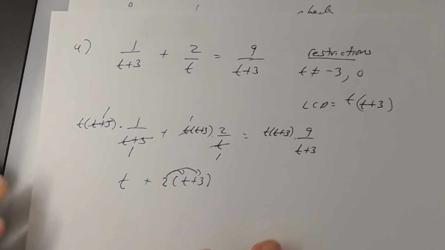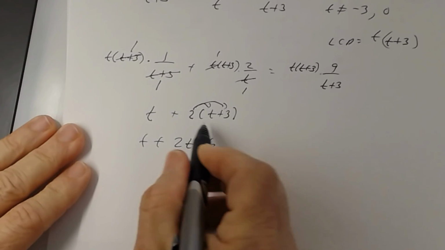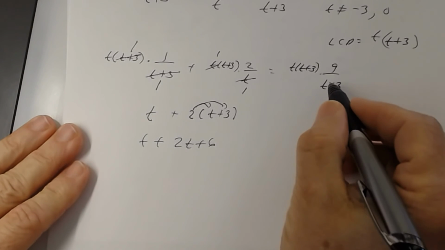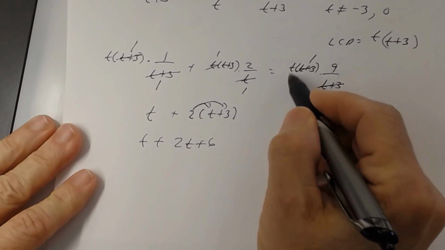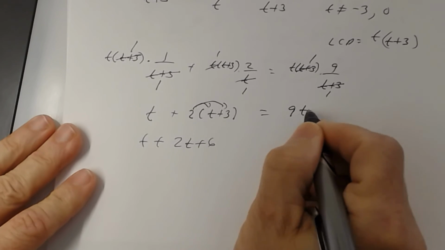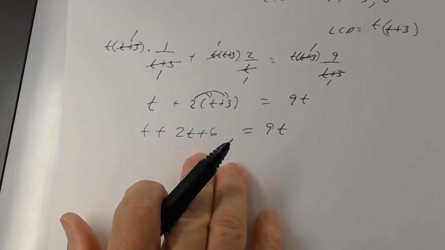Very good. So this right here becomes t plus 2t plus 6. You have to distribute. What happens over here? T plus 3 divides out, and you're left with t times 1 times 9, which is 9t. All right, so here's my equation now.